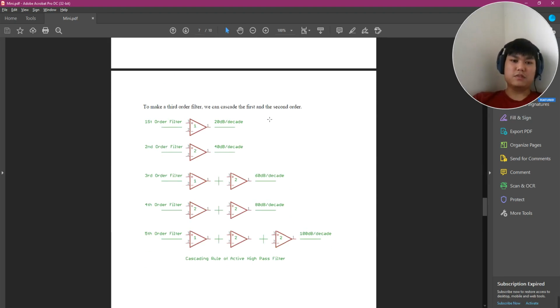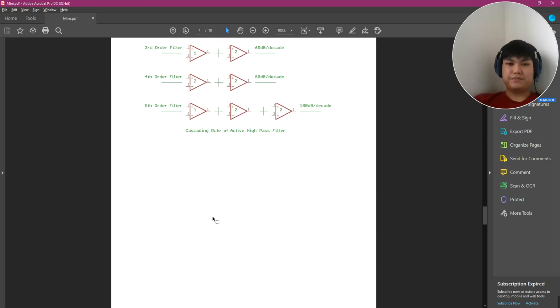Take note also, to design the third order: for first order we put 1 op-amp, for second order 2 op-amps, and for third order we use 2 op-amps, one for the first order and one for the second order. For fourth order, you take two second-order stages and cascade them together, as you can see here.